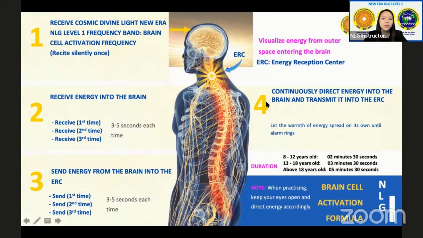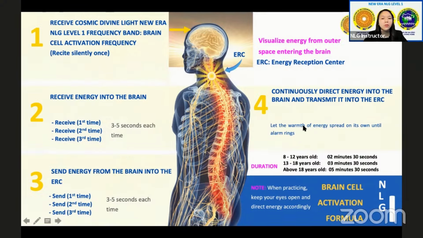And then step 4, continuously direct energy into the brain, that is from outer space, entering the brain, and transmit it into the ERC. So it should go like that: from outside, entering the brain, and then the ERC; outside, brain, ERC; outside, brain, ERC. And it should go like that all the way until your alarm rings.